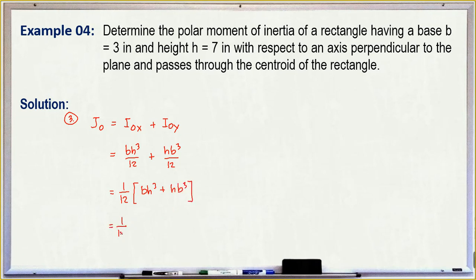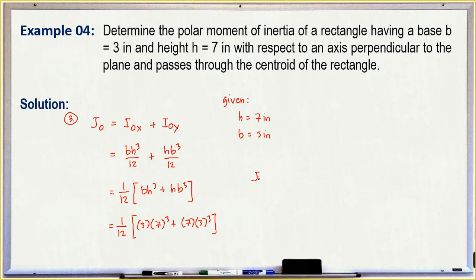Since the values for the base and height are given, the height is equal to 7 inches and the base is equal to 3 inches. So, our base 3 times the height 7 cubed plus the height 7 multiplied by the base 3 cubed.